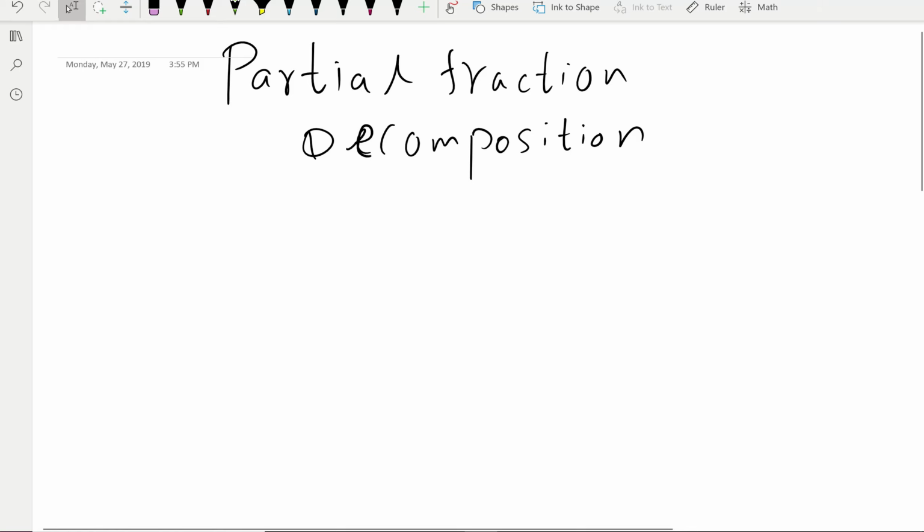So let's first try to learn partial fraction decomposition clearly and very well, and then from there we can proceed into integration.